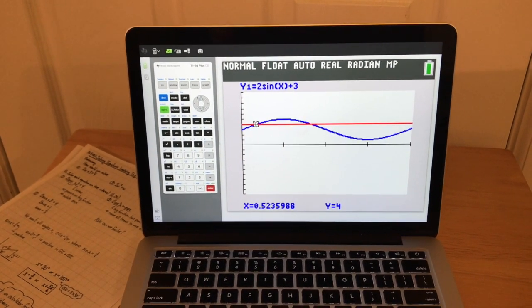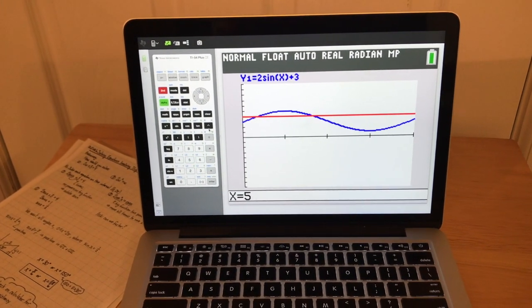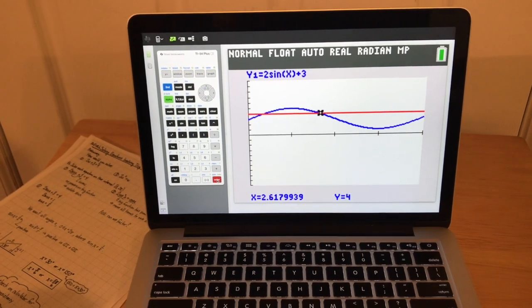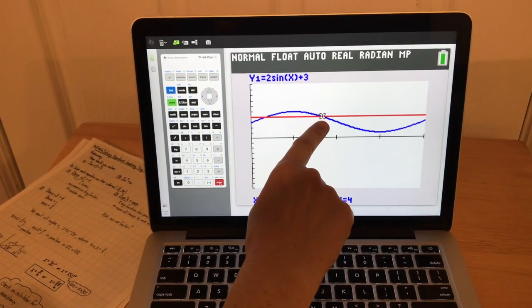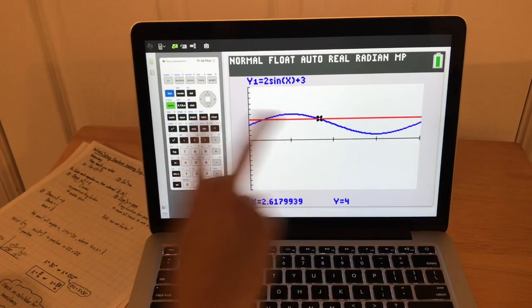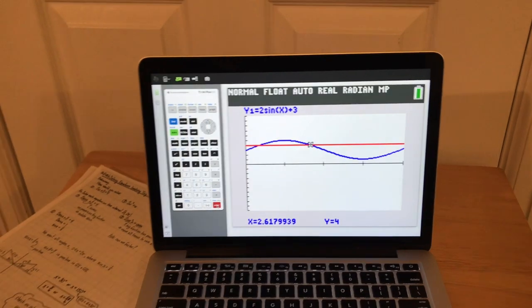And if I type in trace and type in 5 pi over 6 and hit enter, we get the other point of intersection. And from 0 to 2 pi, there are exactly 2 intersection points, which means we should have 2 solutions to our equation.